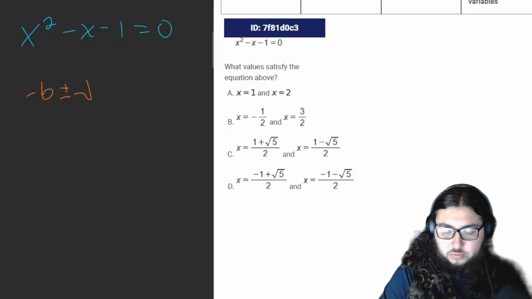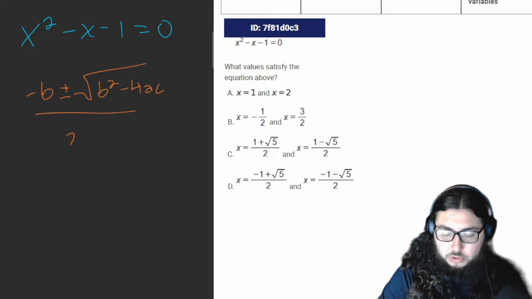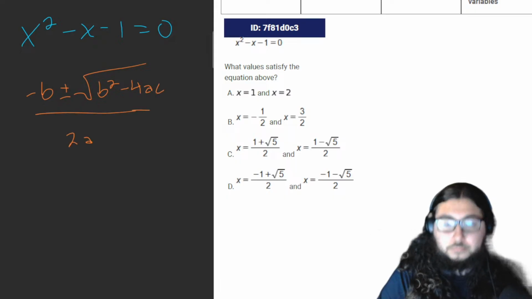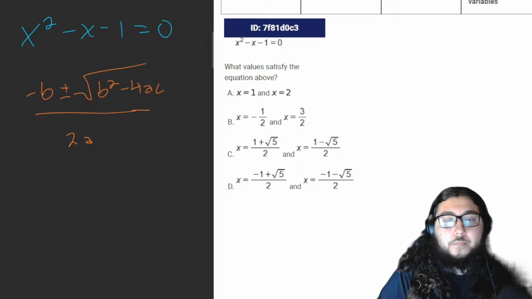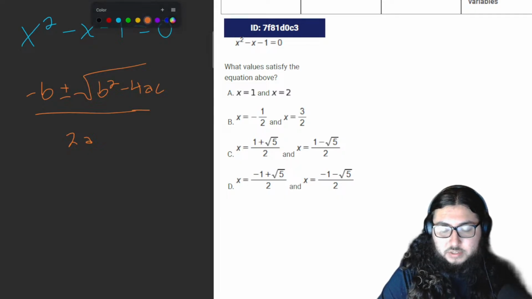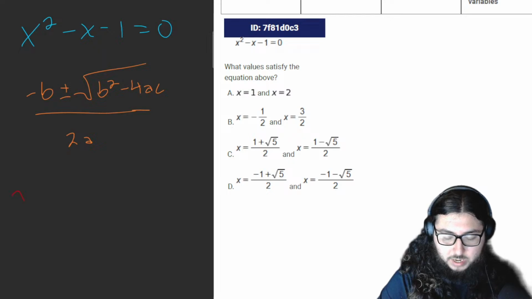-b plus or minus the square root of b squared minus 4ac all over 2a. So if we plug this in, let's determine our values of a, b, and c. A is simply 1, b is -1, c is also -1.